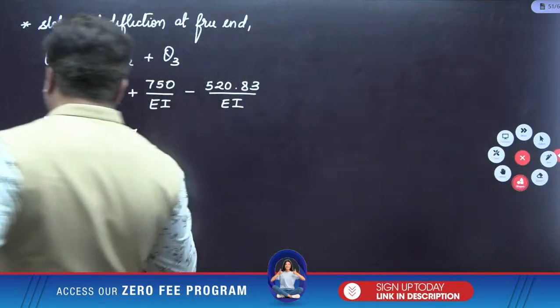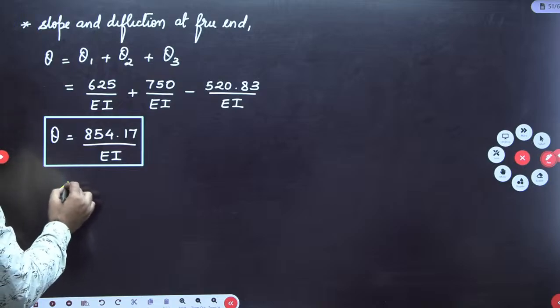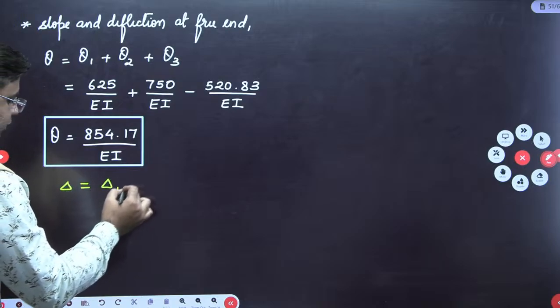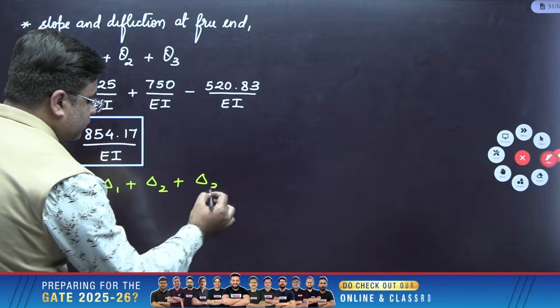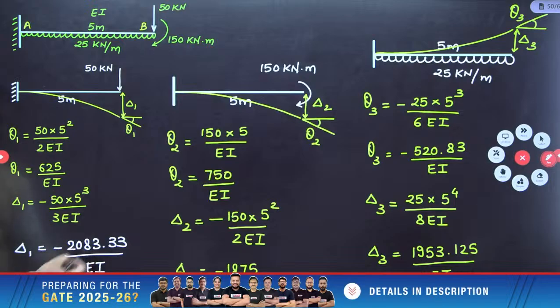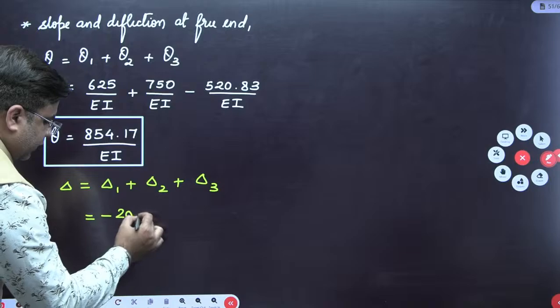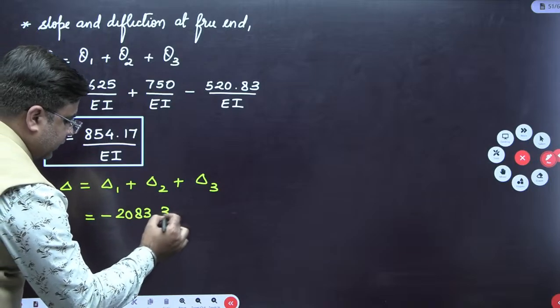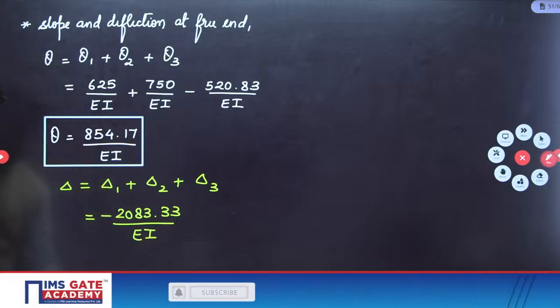Similarly, you can calculate total deflection at free end. So total deflection delta at free end is equal to delta 1 plus delta 2 plus delta 3. So delta 1 is how much? Delta 1 is minus 2083.33 upon EI. And what is the value of delta 2?